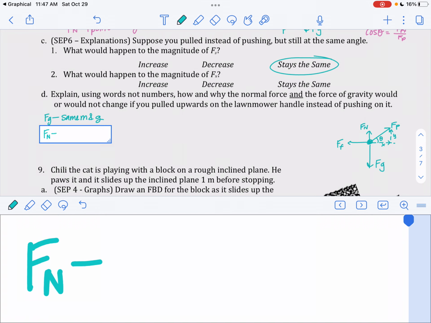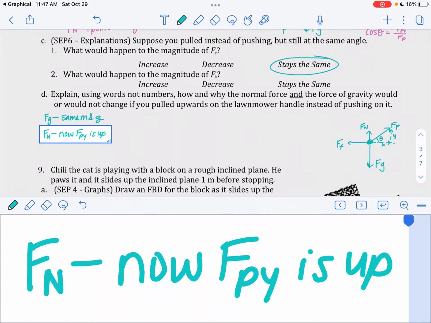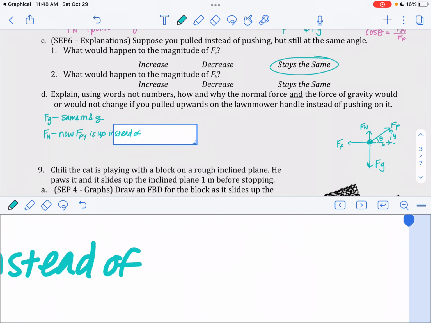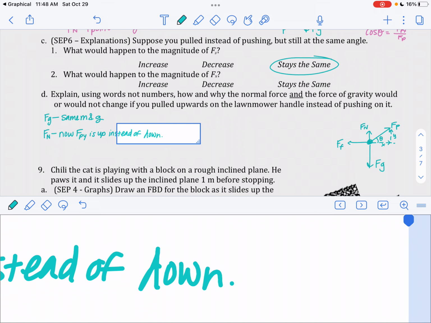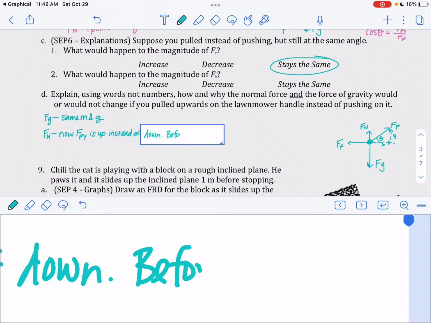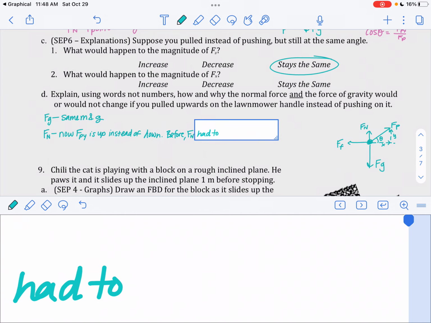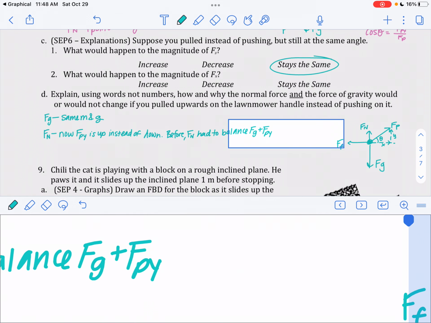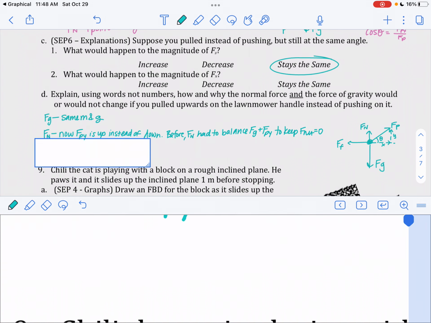For Fn, now Fpy is up instead of down. Before, Fn had to balance Fg and Fpy to keep Fnet equals 0.